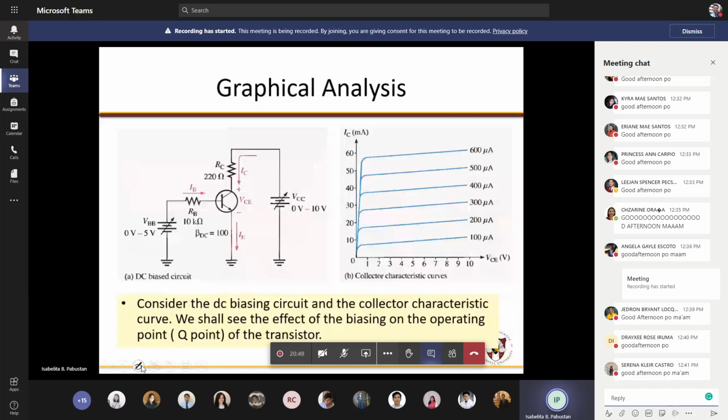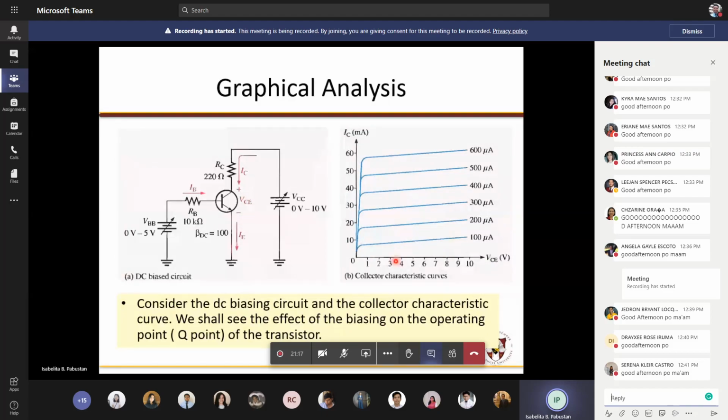You see here that there is a variable supply dito sa input supply, and you also have a variable VCC. You adjust the VBB so that your IB will be varying, and then when your IB varies, your IC varies as well, and your VCE varies also.